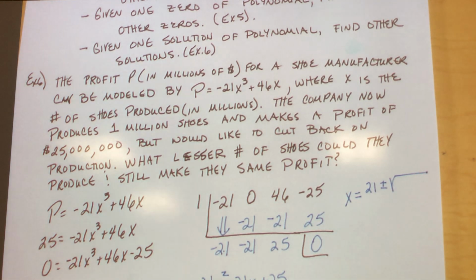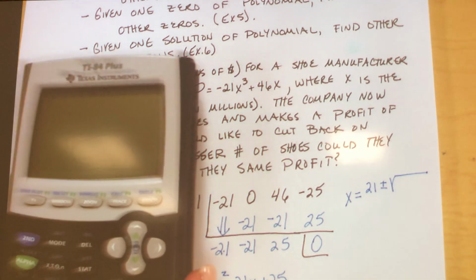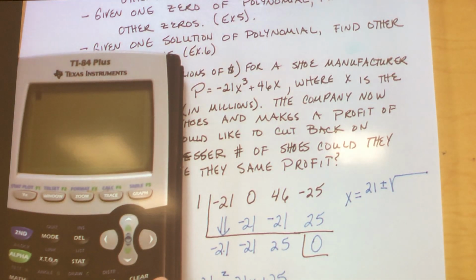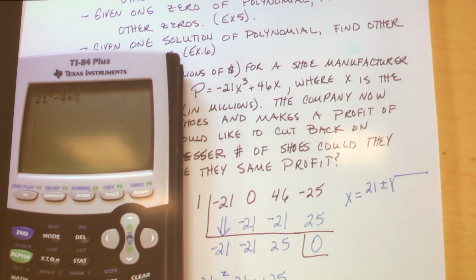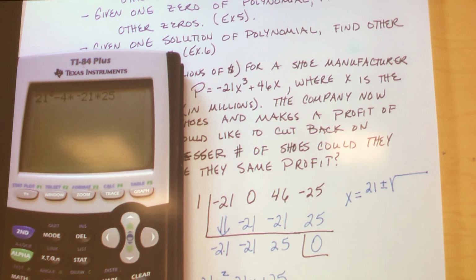Now that I will do on my calculator, okay? I'm going to go b squared. Whenever I square this negative 21, I'm not putting the negative sign on it, because when you square a negative, it's positive. So 21 squared minus 4 times a, which is negative 21, times c, which is 25.